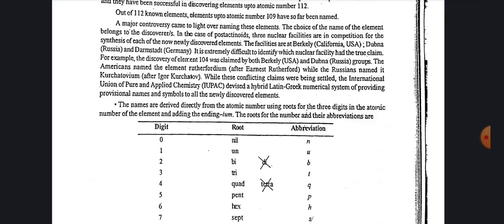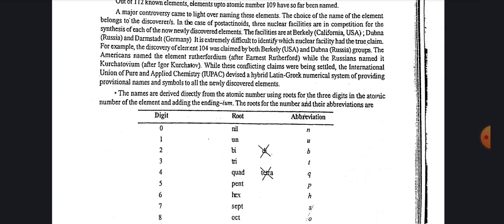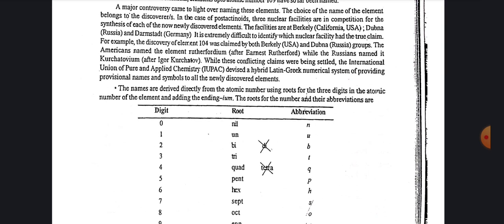The facilities are at Berkeley, California, Dubna, and Darmstadt. It is extremely difficult to identify which nuclear facility has the true claim. For example, the discovery of element 104 was claimed by Berkeley and Dubna. The Americans named the element Rutherfordium, while the Russians named it Kurchatovium.